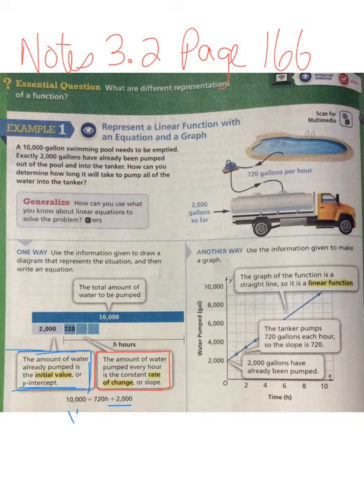This is in the form of y equals mx plus b, slope-intercept form. And we had mentioned earlier, when we have it in slope-intercept form, it is what we call a linear function, meaning that it is going to make a straight line. Anything in the form of y equals mx plus b is going to be what we call linear.